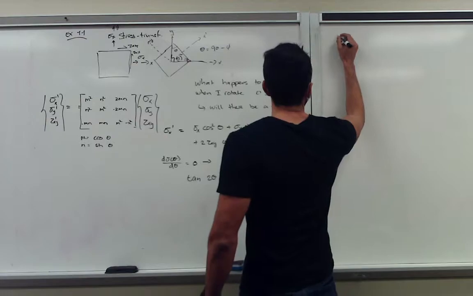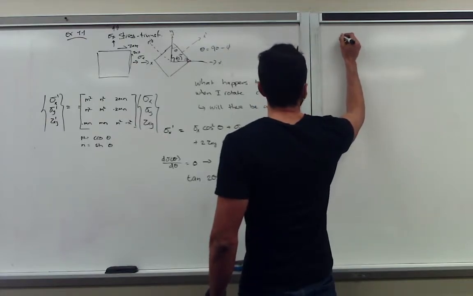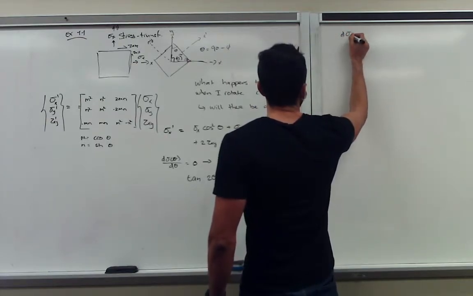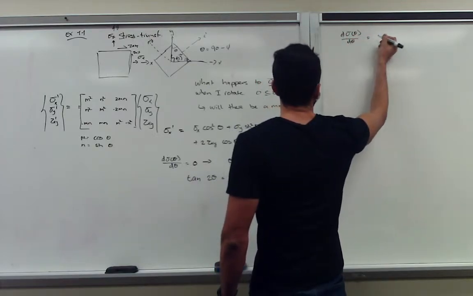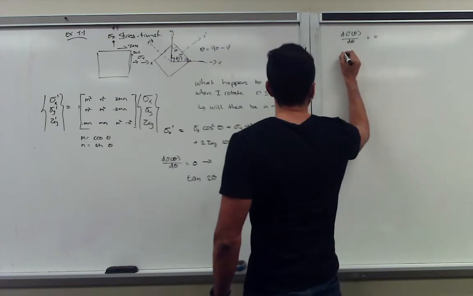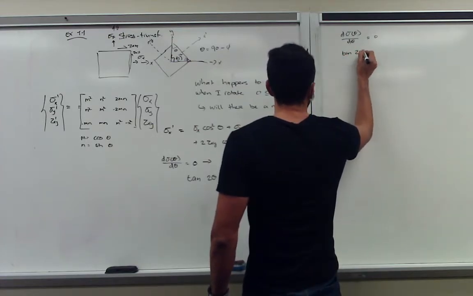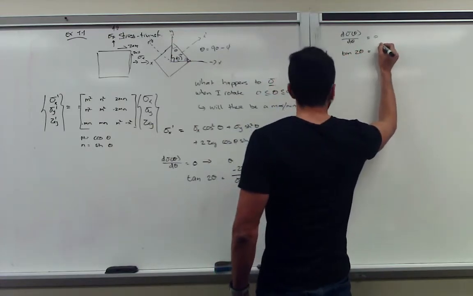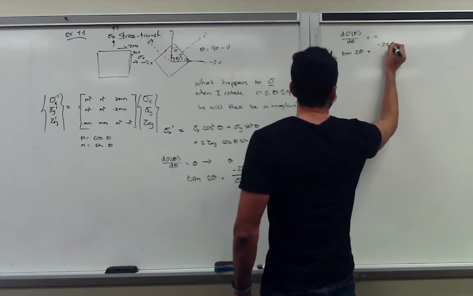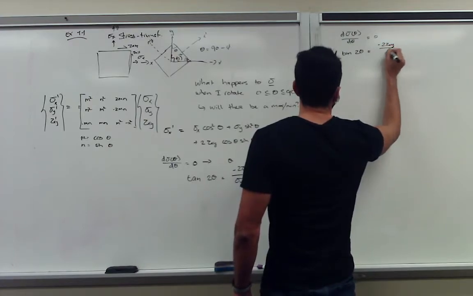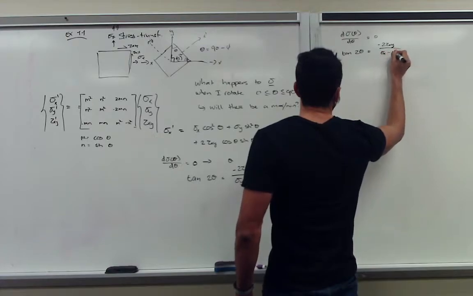What we get is, by setting this equal to 0, tan 2 theta is equal to minus 2 tau xy over sigma x minus sigma y.